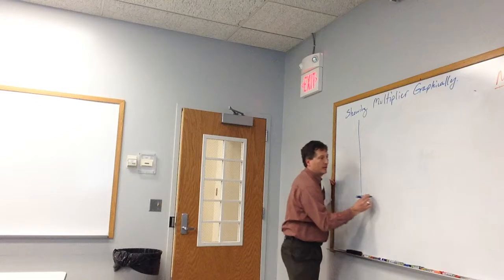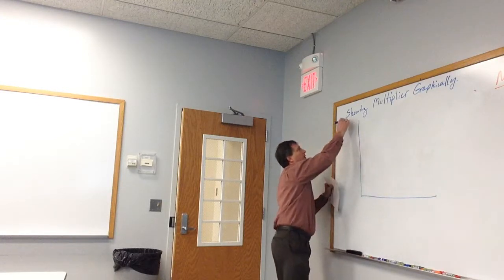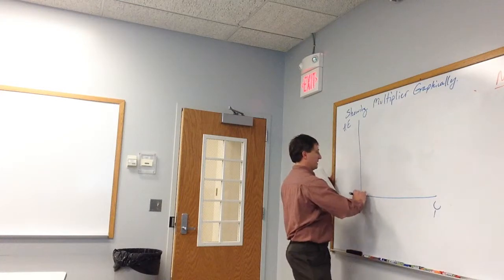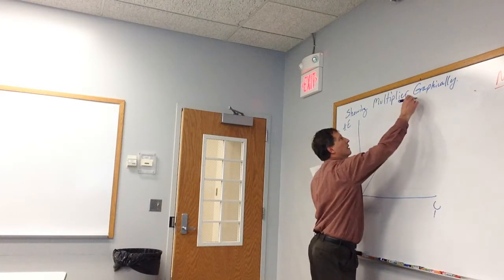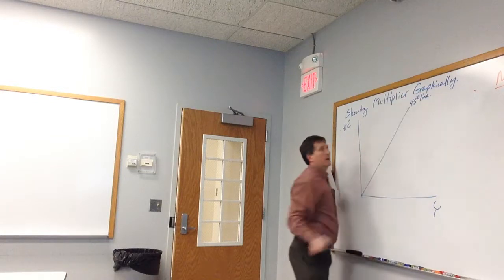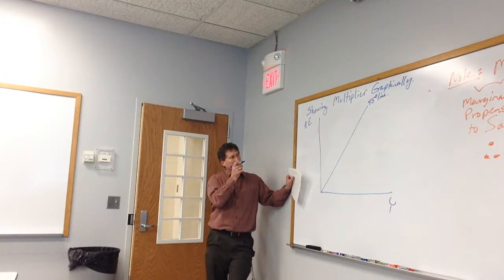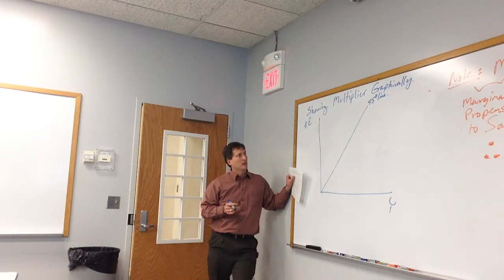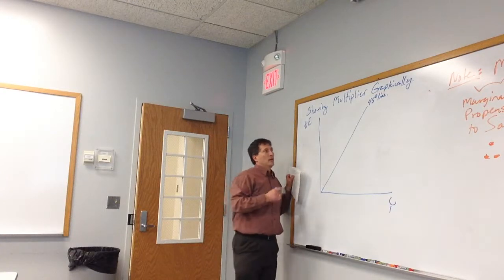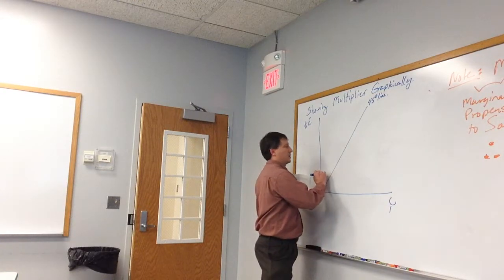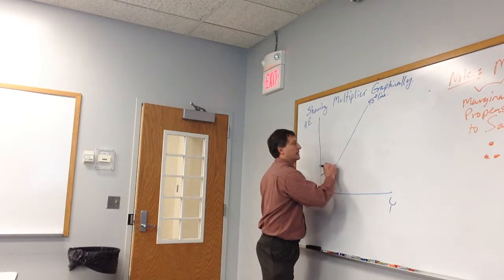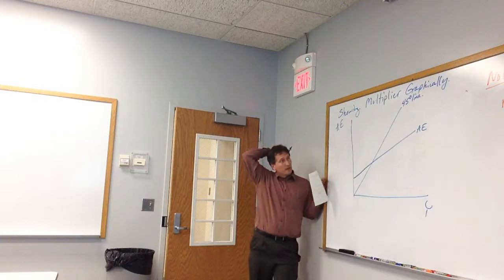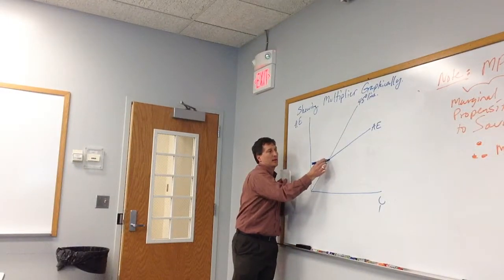So we got a new kind of home base looking thing. We got the expenditures, and you can draw your 45-degree line, which is our reference. And then draw in any old, probably start low with it, your aggregate expenditure line.